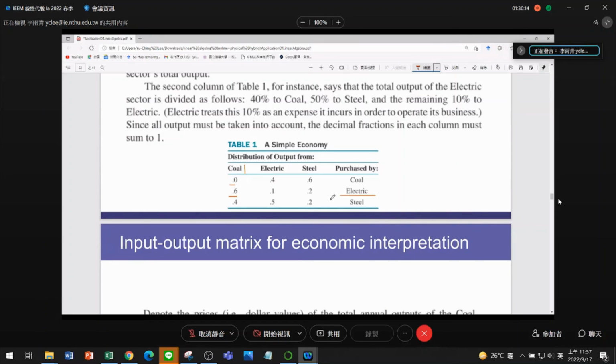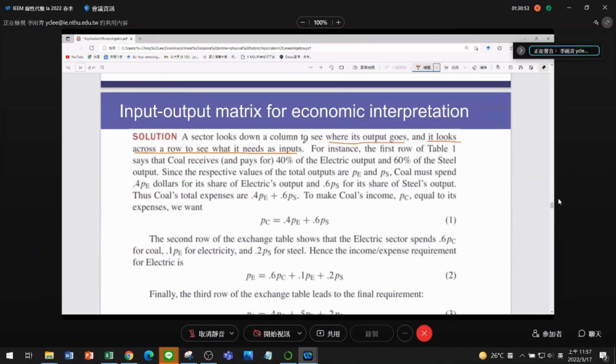the electric sector, and 0.4 goes to the steel sector. For the electric sector, 0.4 of its output goes to coal, 0.1 stays in electric, and 0.5 goes to steel. For what steel produces, whether main product or by-product, 0.6 goes to coal, 0.2 goes to electric, and 0.2 goes to steel. That's how you read the column. When we read down a column, we see where its output goes.